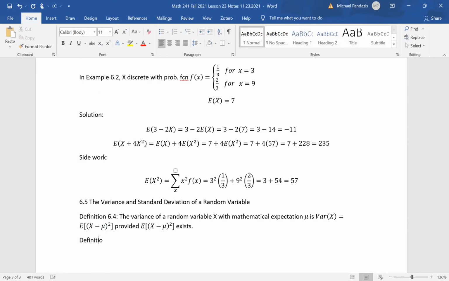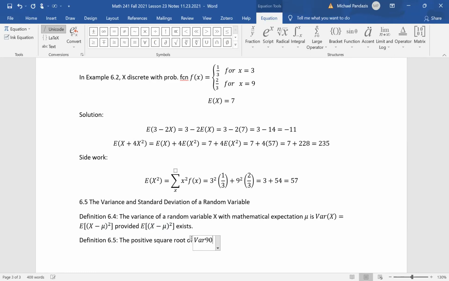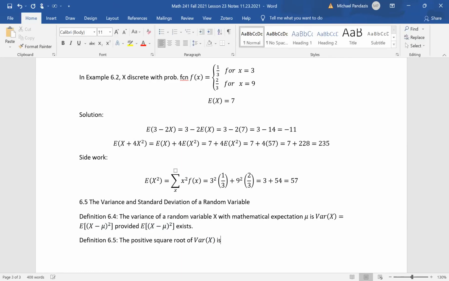The next definition, definition 6.5: the positive square root of the variance of X is the standard deviation of X.